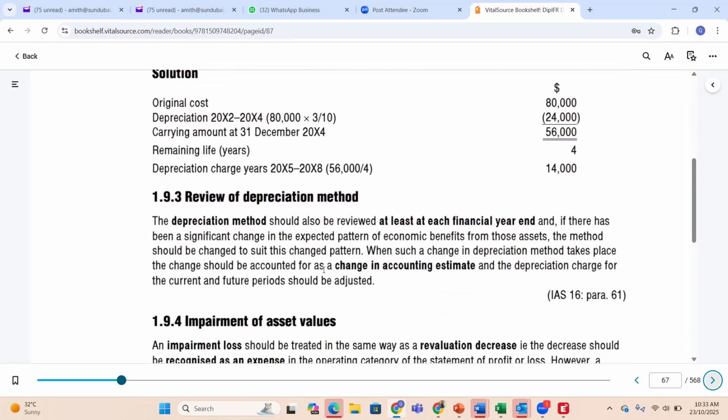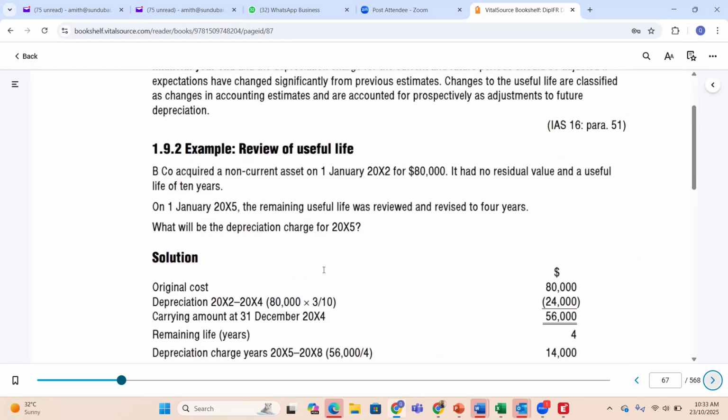Now you have to review the depreciation method also, right? Depreciation method and useful life have to be reviewed once a year. And if a depreciation method changes, is it a change in accounting policy or a change in accounting estimate? Policy?